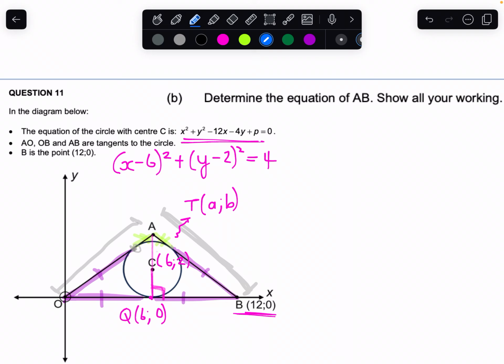But if I connect these 2 points over here, right, because triangle AOQ and triangle ABQ are congruent, I know that these angles here are equal. I've shown that these two green sides are equal. This side is common. So using SAS, I know that these two triangles are also congruent, meaning that this little length over here is the same as this little length over here.